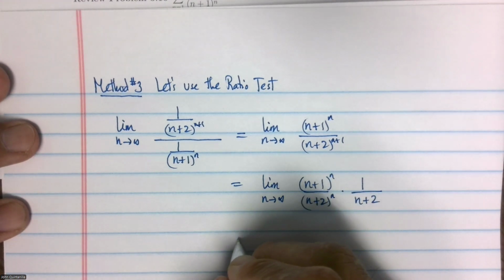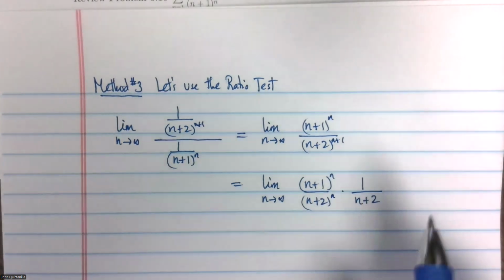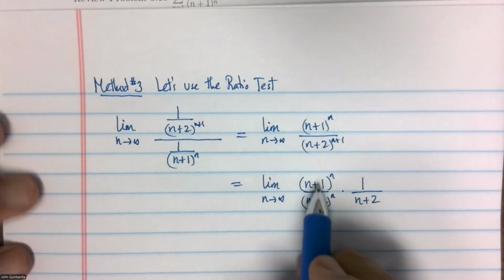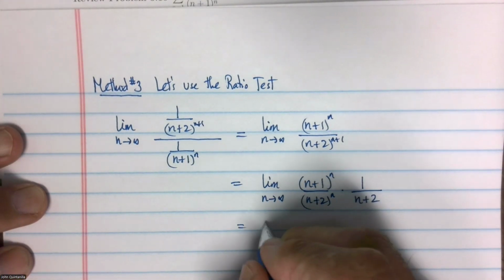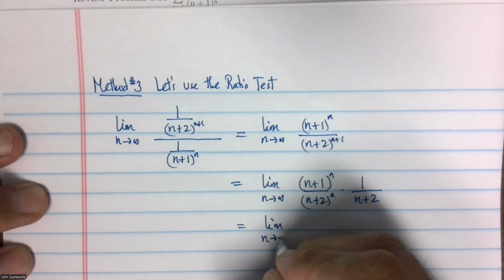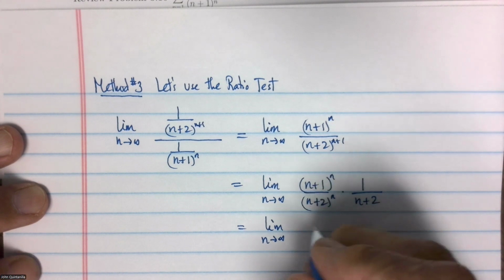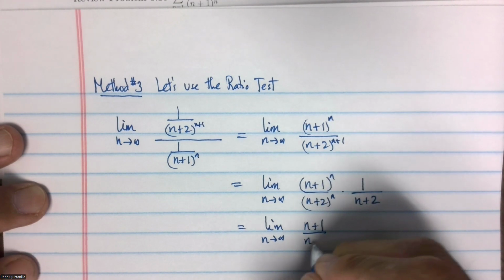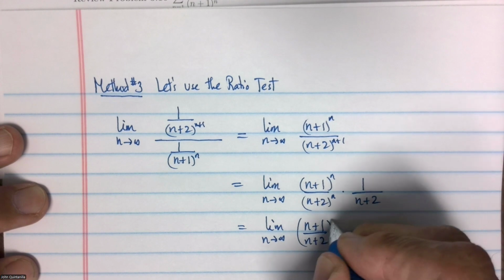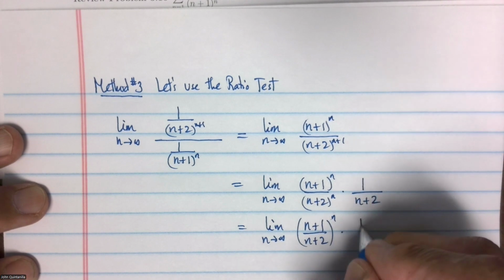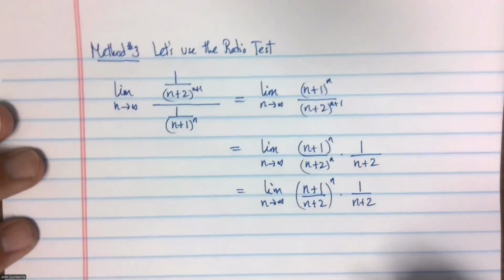So we have the limit as n approaches infinity of ((n plus 1) over (n plus 2)) to the nth power times 1 over n plus 2.